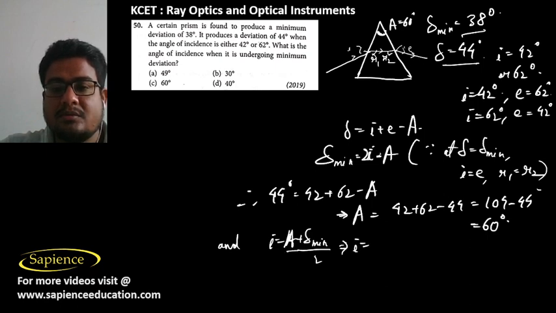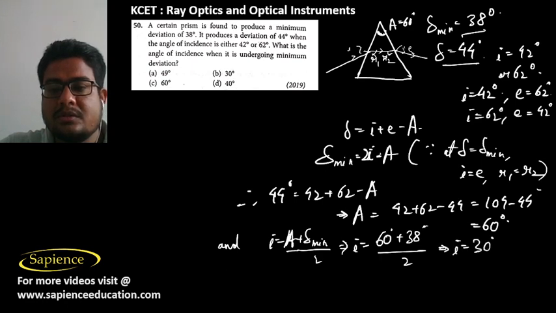Therefore i will be equal to 60 plus the angle of minimum deviation, that is 38, by 2. Therefore i will be equal to 30 degrees plus 19 degrees, so that is equal to 49 degrees. Option A is the correct answer.